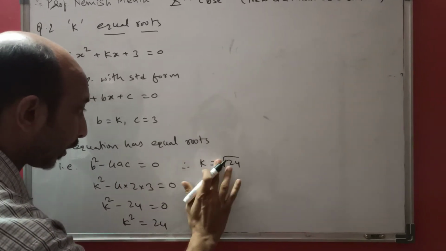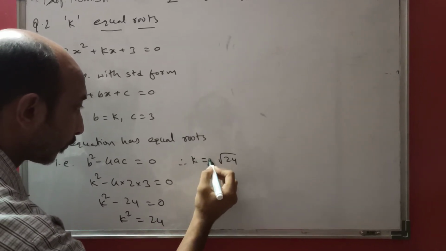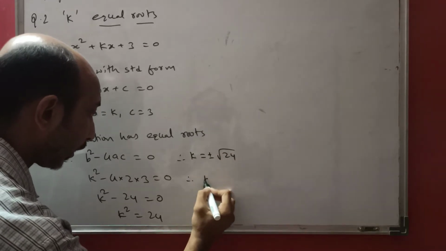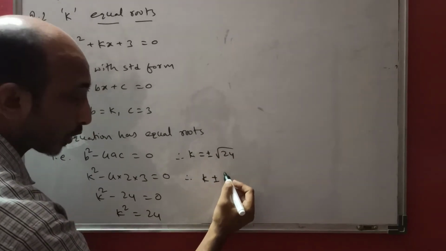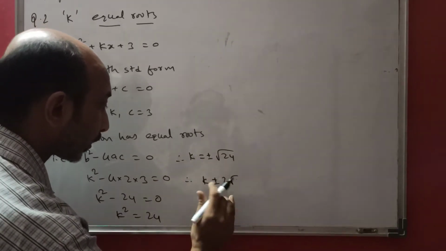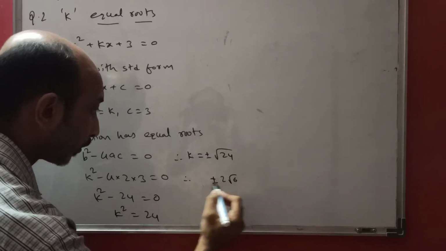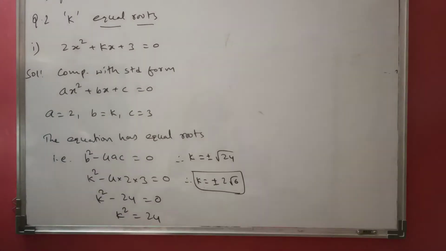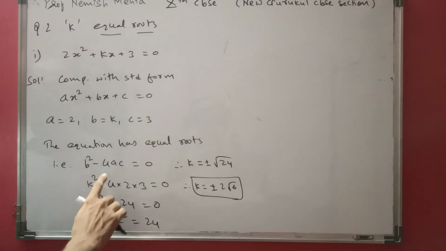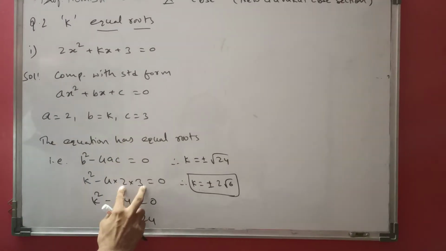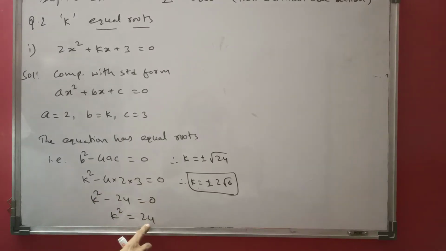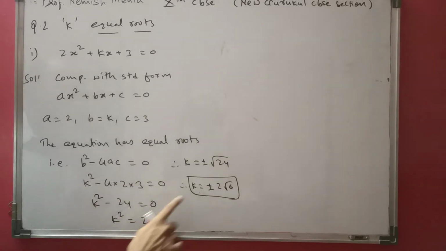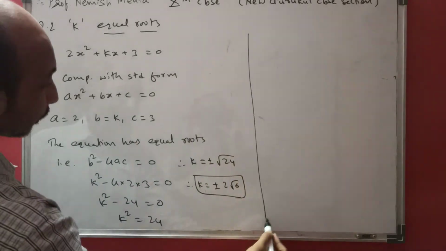Okay, that is plus and minus. So you can write k is equal to plus minus 2 root 6. Getting it? 2 root 6 will be the answer. 4 into a into c, 2 3s are 6, 6 4s are 24. Minus 24 goes on that side, plus 24, root of 24 is this.